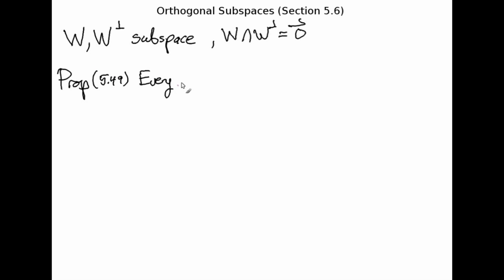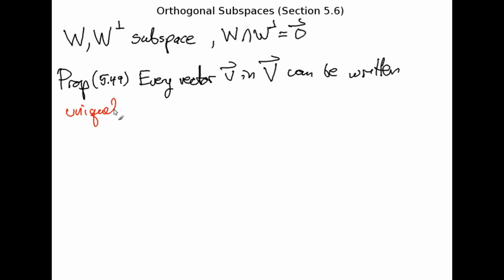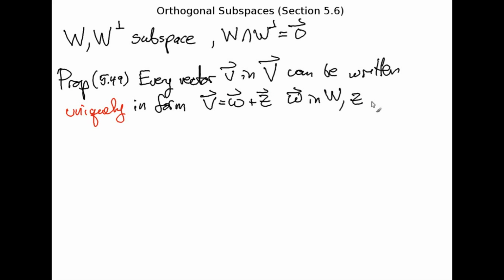It says that every vector v in the vector space can be written uniquely in the form v is equal to w plus z, where w is some vector in W and z is some vector in W perp.